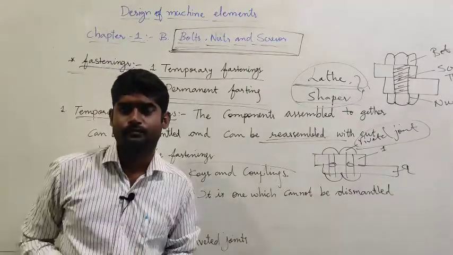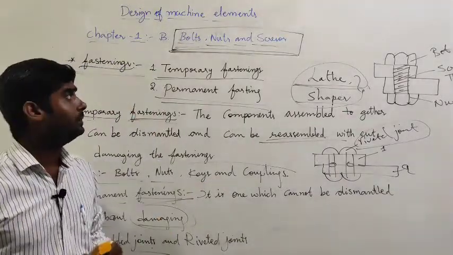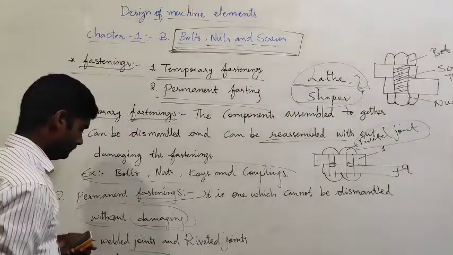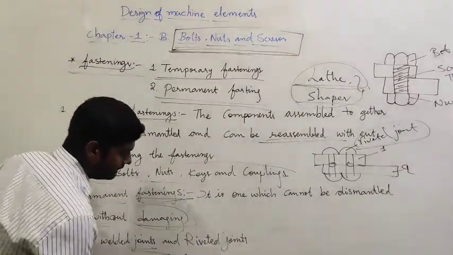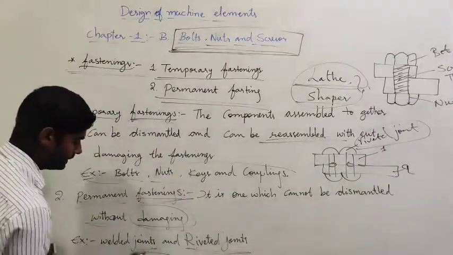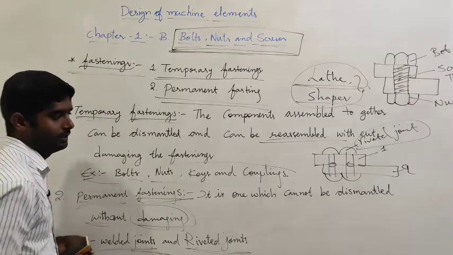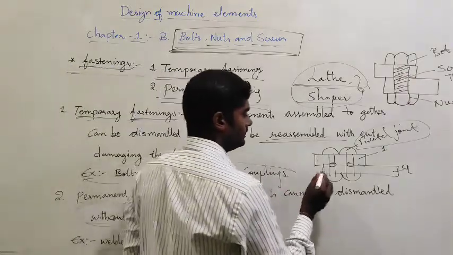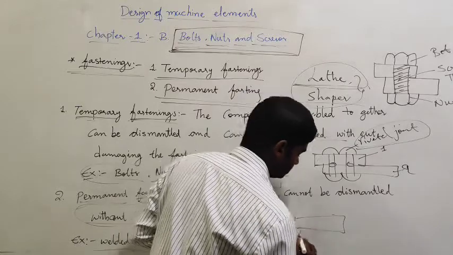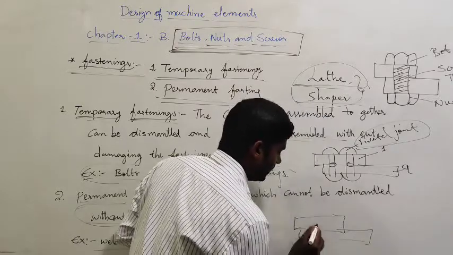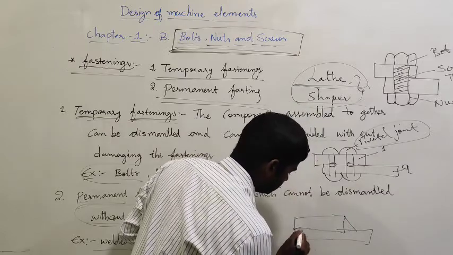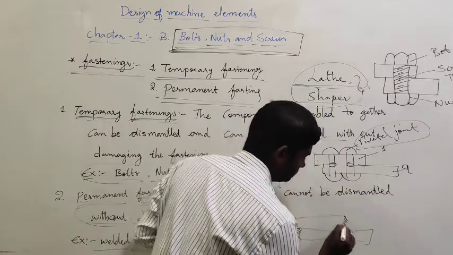Okay, next, coming to the next topic, welded joints. Already we have seen weld joints and riveted joints. Next, the welded joint. There are welded joints also, like two plates you join with a lap joint or any type of joint.